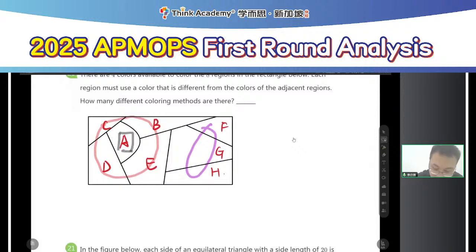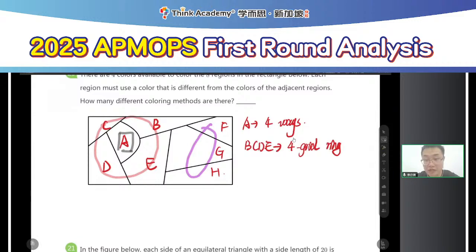First we start with the president A. Of course, we have 4 ways to color the president. Then we go to B, C, D, E all together. You should find out that B, C, D, E actually make a 4-grid ring.